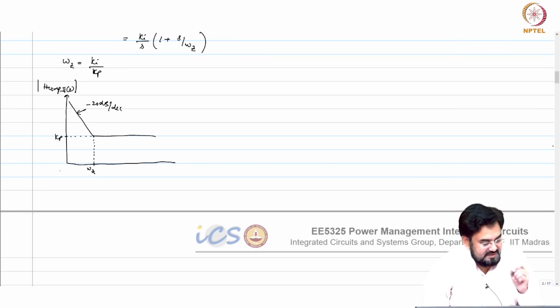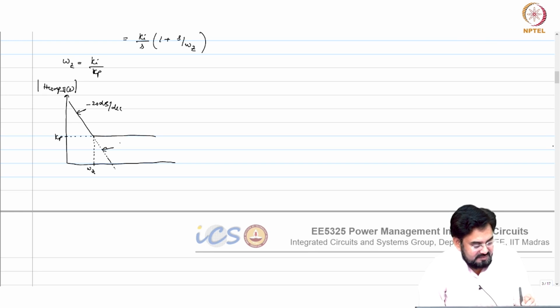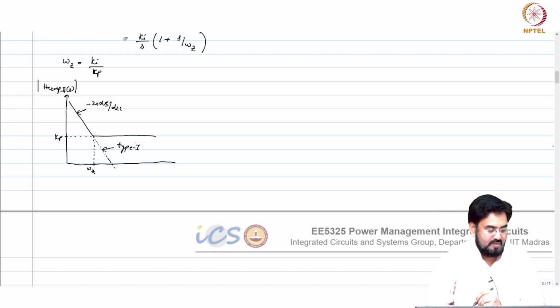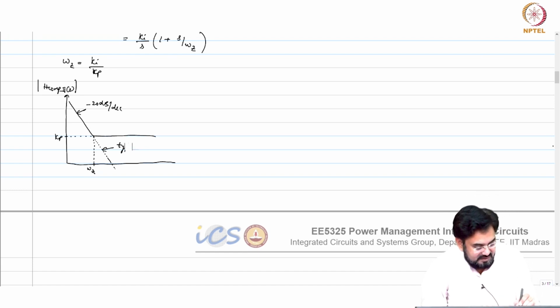And if I do not have this 0, then what would happen? This will continue, and this is nothing but your Ki, type 1. Okay, let me change the color, let's make it red.